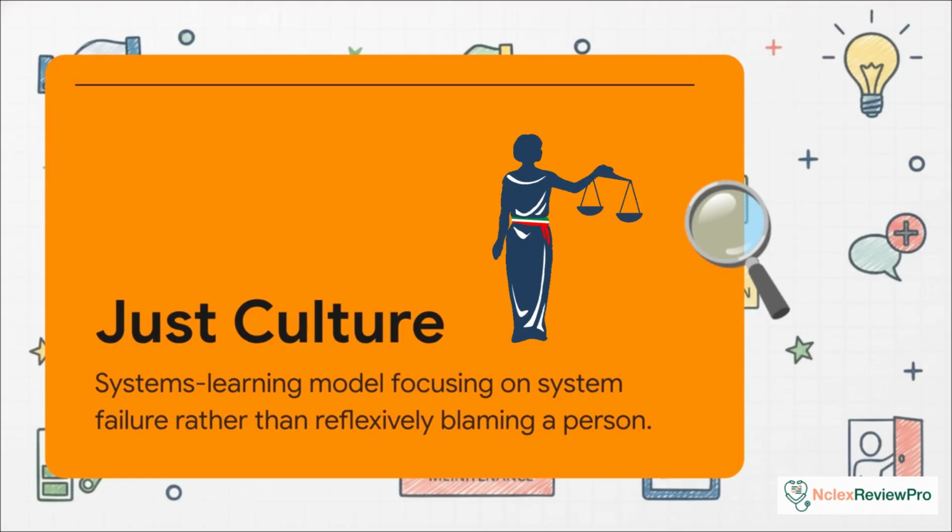And you know, this kind of transparency feeds right into what's called a just culture. It's a systems learning model that actively separates a simple human error from truly reckless behavior. When a near miss happens, the focus is placed heavily on fixing the system that allowed it to happen in the first place, rather than just reflexively punishing a single nurse or doctor. The whole idea is to fix those weak links before actual irreversible harm happens to a patient.